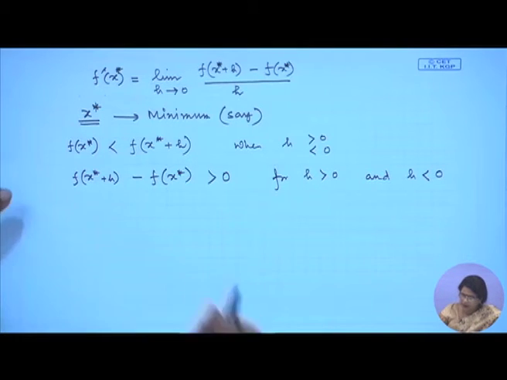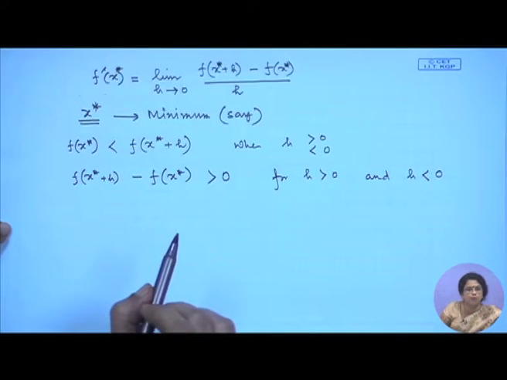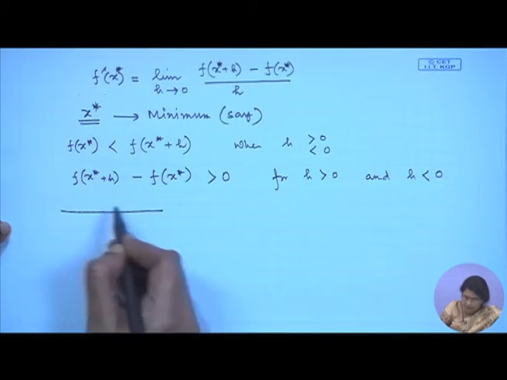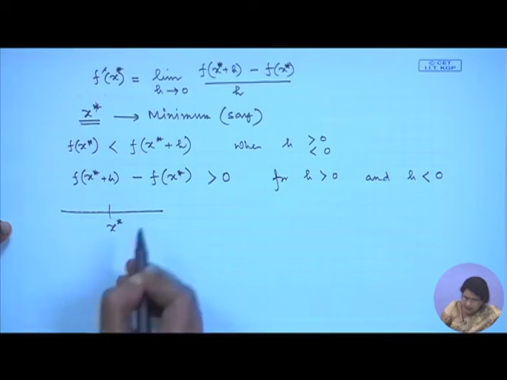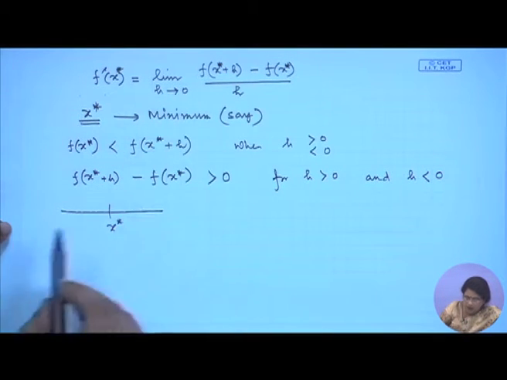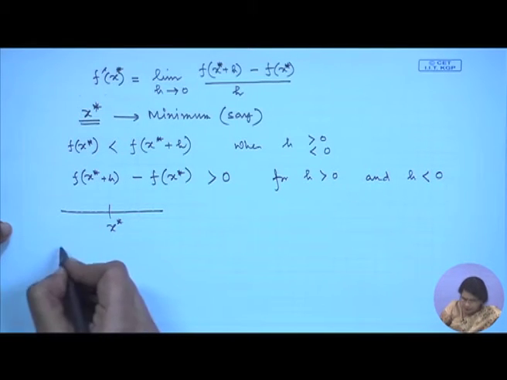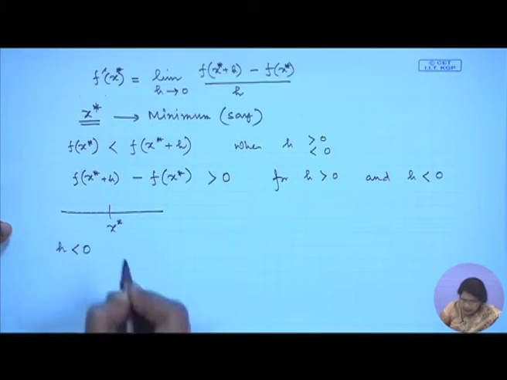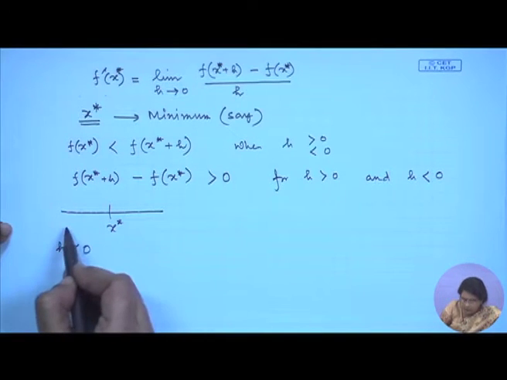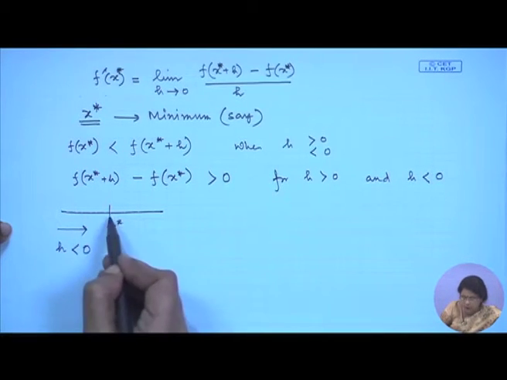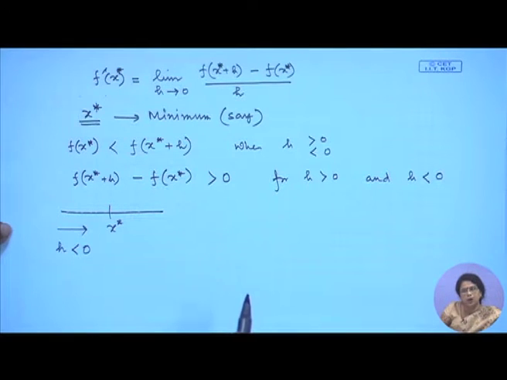Now, you see h is tending to 0, that is, the point is x star, h is tending to 0 either from the right hand side or from the left hand side. If h is negative, what does it mean? It means we are approaching x star from the left hand side, alright.